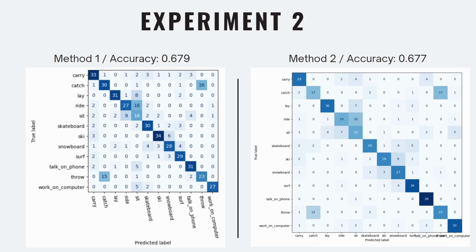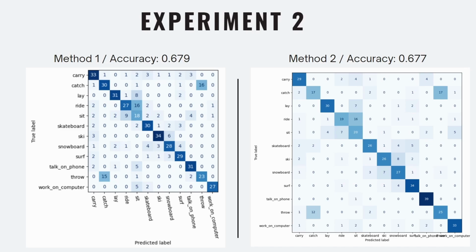So here we have experiment 2. We modify the dataset to avoid label dependencies so that the model will not be confused by those actions. And the results are pretty good. Those labels that were confused are now nicely predicted, and the accuracy greatly increases on both method 1 and method 2.